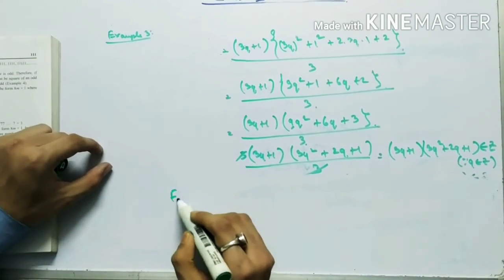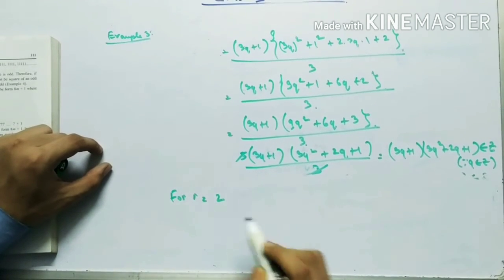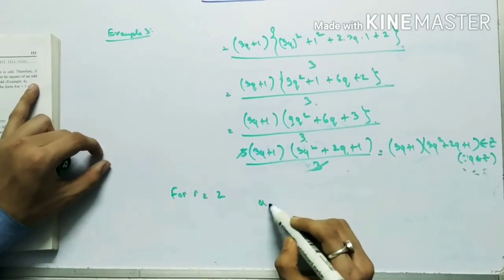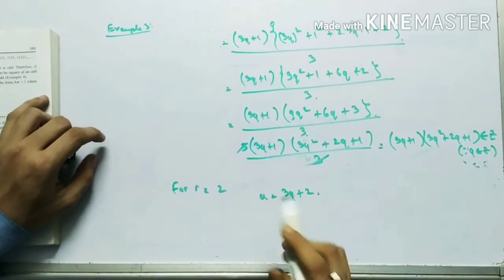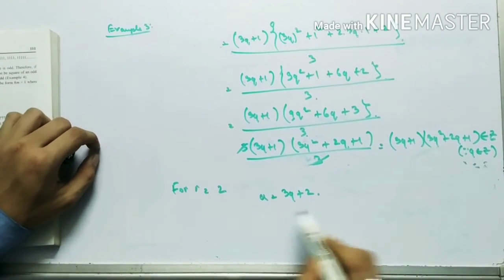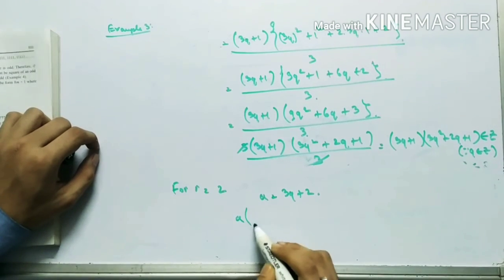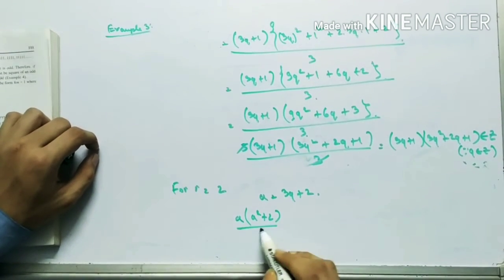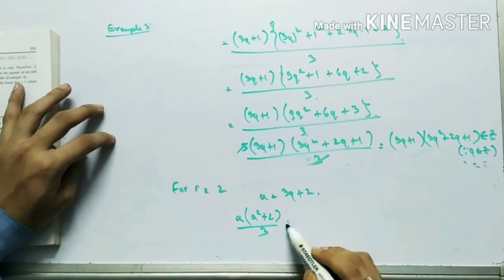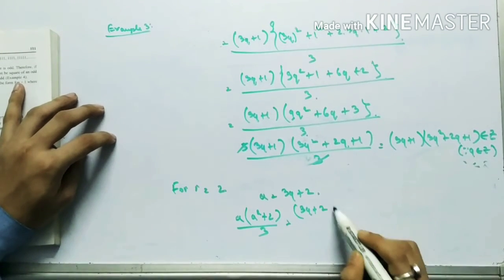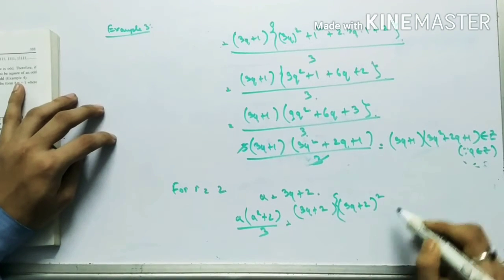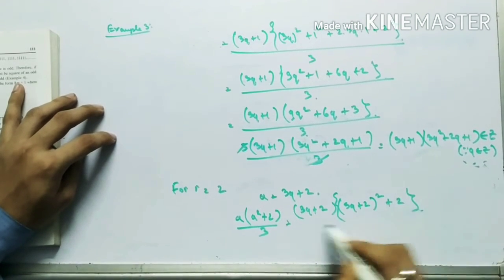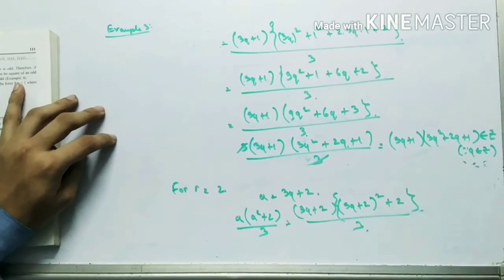Next again, for r is equal to 2, a is equal to 3q plus 2. Again I will have to put this value of a in a square plus 2 by 3, so this is 3q plus 2 the whole square plus 2 by 3. Let me solve it.